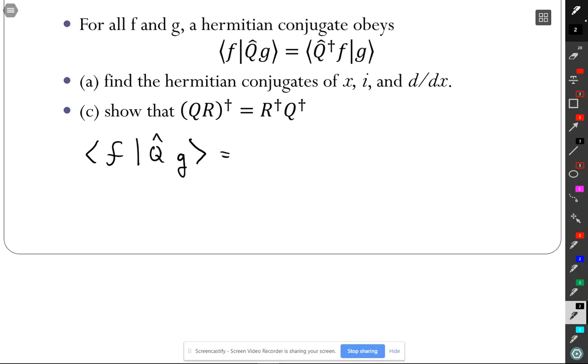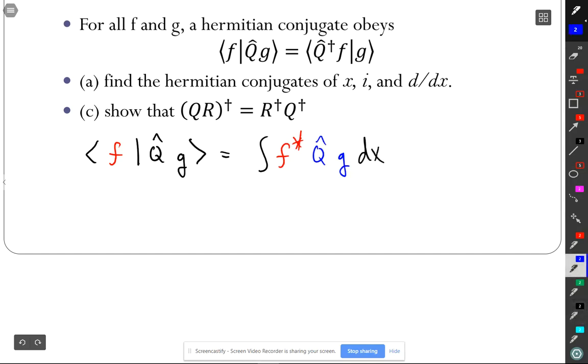The integral of F star times the operator times G. And I'm going to change colors here so I can color code a little bit. Okay, so that's what that translates out to.